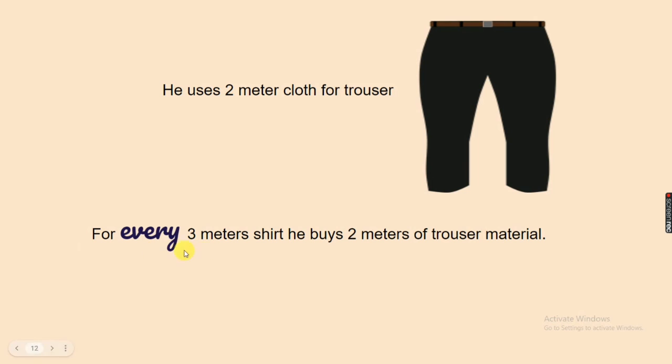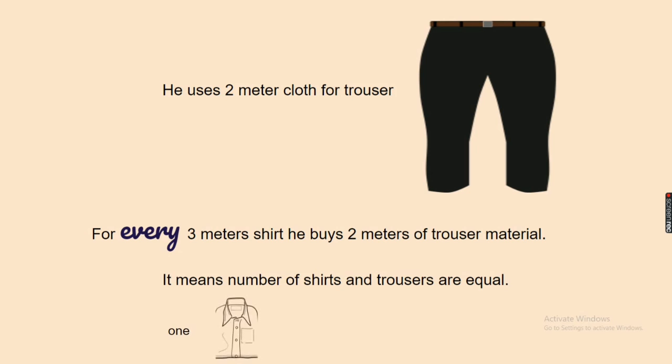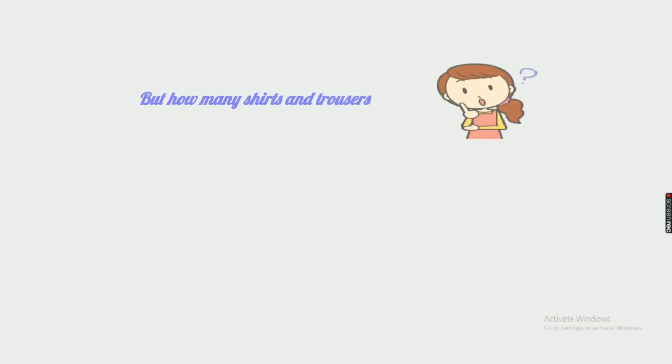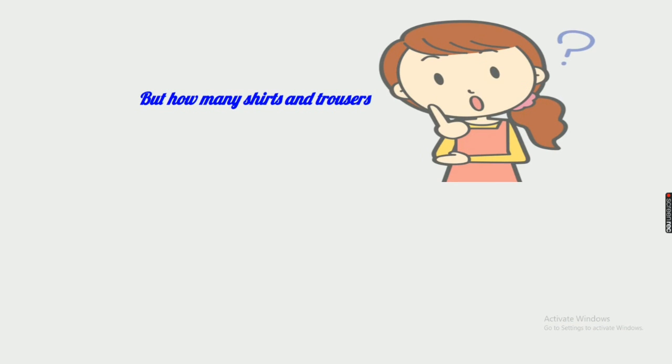It means the number of shirts and trousers are equal. He is making sets of both. One shirt is equal to one trouser. But how many shirts and trousers?